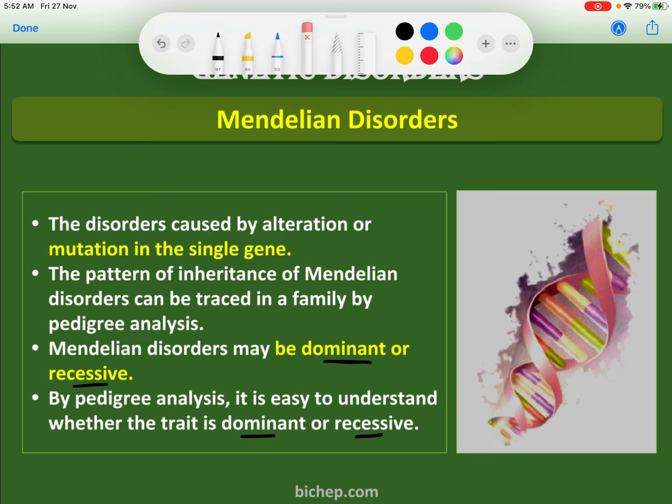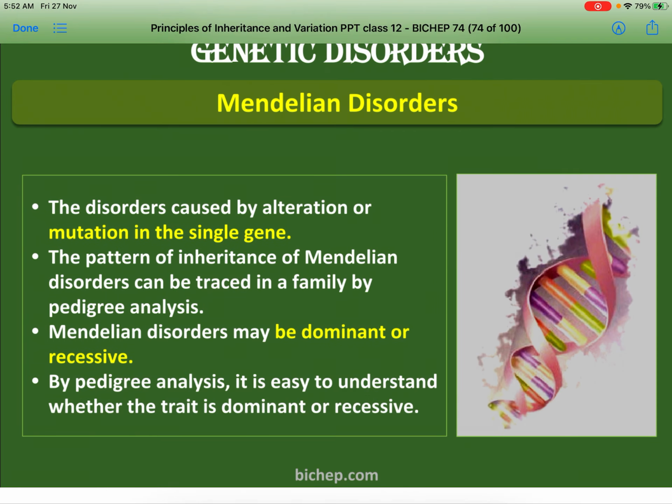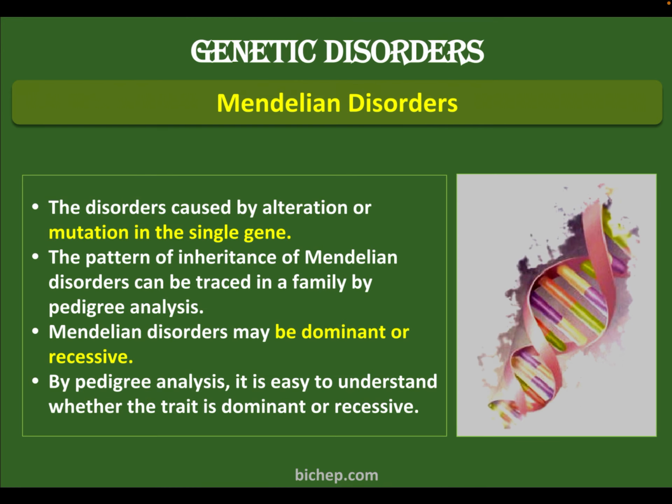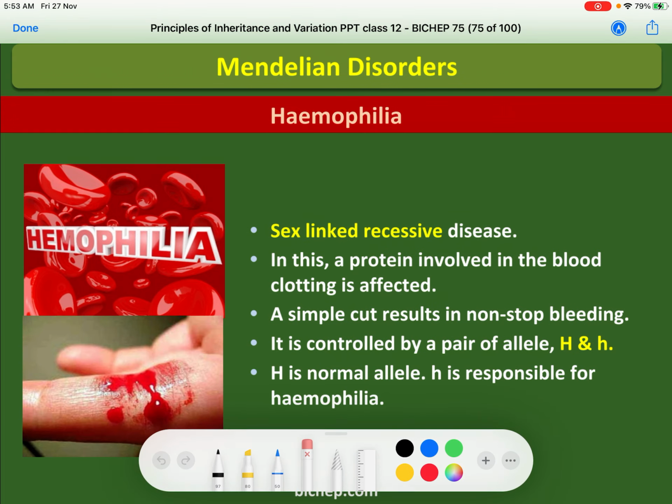We have already covered the pedigree analysis mechanism in a previous lecture. So today we are going to discuss all the Mendelian disorders one by one, and the first disorder is hemophilia.